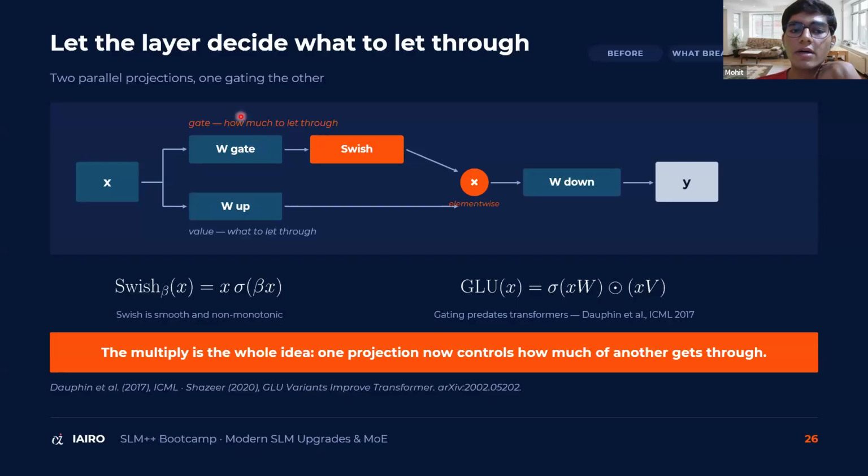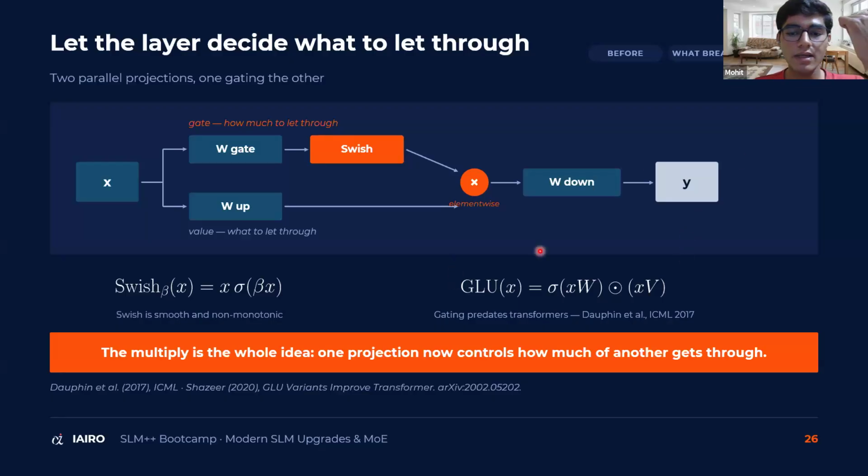That is W gate, W up, and it used to pass through the Swish activation unit, and then we used to multiply element wise, that is the Hadamard product of it, and then there used to be W down, where we used to decrease the enlargement of the embedding, that is, it is getting out of the FFN layer, and then we are getting the output as y.